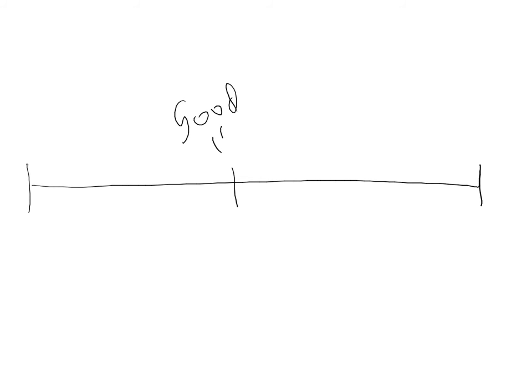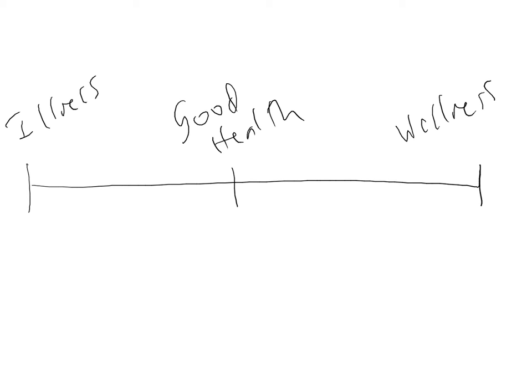Now in the middle, between illness and wellness, you have good health. So we have wellness over here, peak performance, optimal well-being, health promotion. We have illness over here, disease, infirmity, ICD-10. So what exactly is good health?